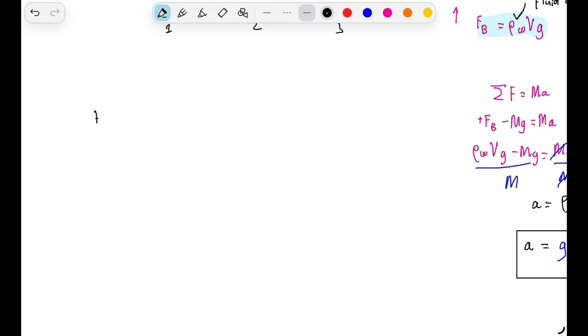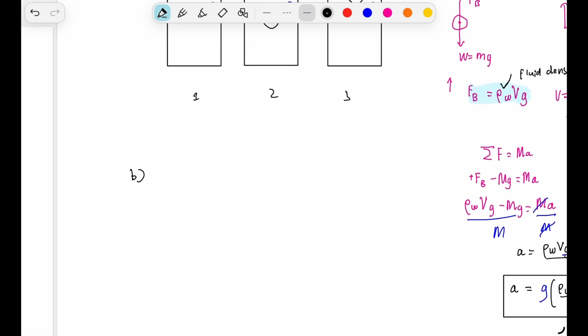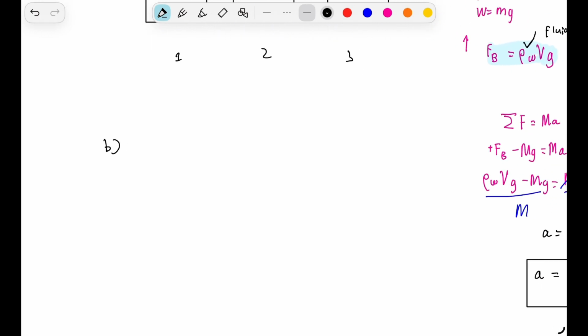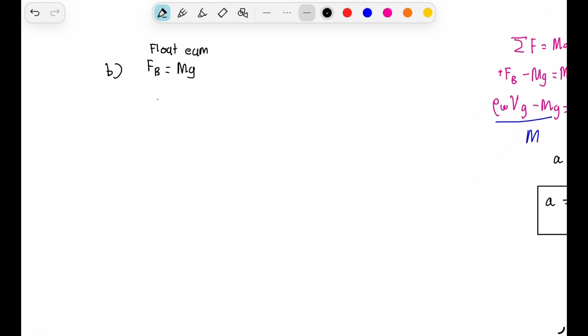Well, we first have to think about what is true when you have something that is floating at equilibrium. When it's just floating there, you're going to have that F_B is equal to mg for your floating equilibrium. But then after this, we're changing to that only part of the sphere is submerged.